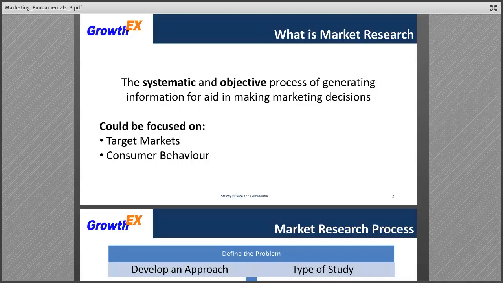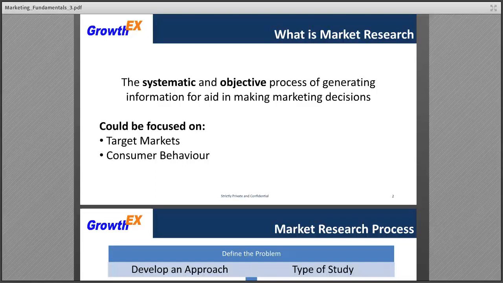So market research revolves around gathering data through different processes, then analyzing that data and coming up with certain intelligence which is supplied to the strategic marketing team and other members involved, who can then take adequate decisions based on the input which my market research report is providing to me.